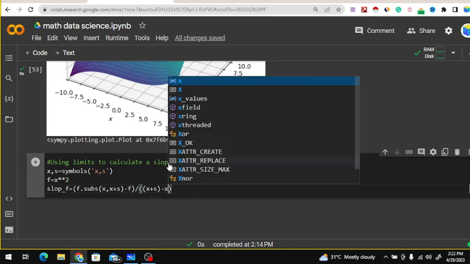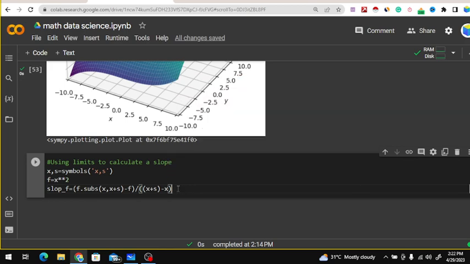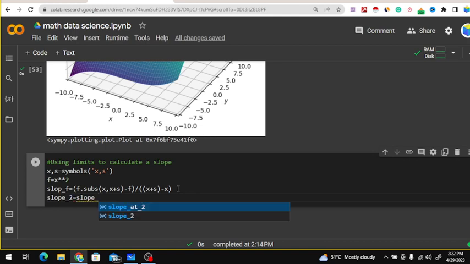Now we are going to substitute the value of 2 here. So slope_2 equals slope_f.subs(x, 2).